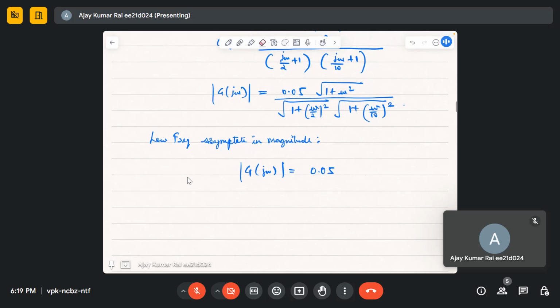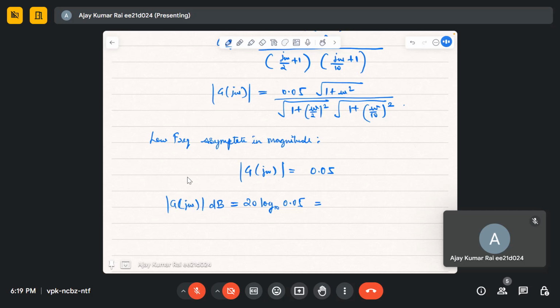Okay, so in dB we have to find out, right? So what we do, we take the 20 log of 0.05 to get it in dB. So you have to find out 20 log 0.05.